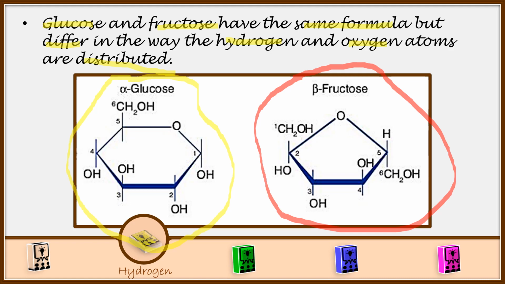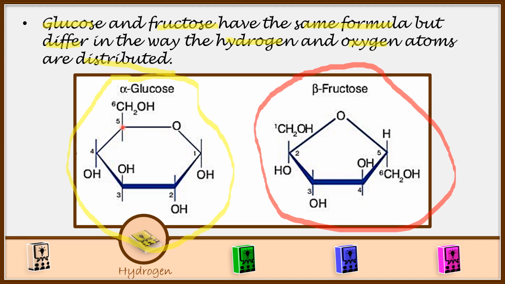If you look here, this is carbon atom 1 and this is carbon atom 1. We have carbon atom 2, carbon atom 2 with hydrogen and oxygen. Carbon atom 3, carbon atom 3, the same. Carbon atom 4, carbon atom 4.